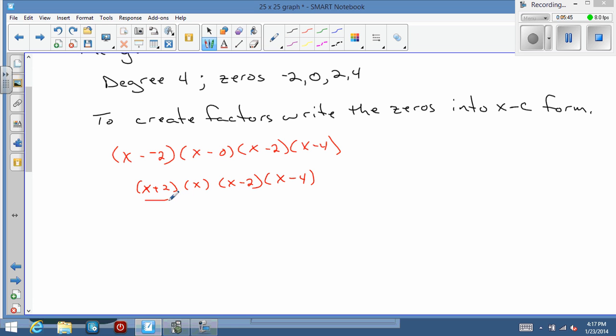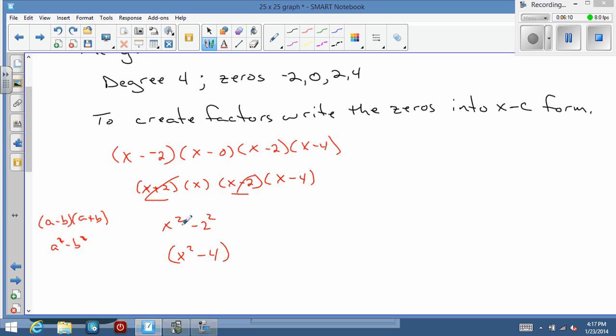But what I see here is I've got x plus 2 and x minus 2. And if I multiply a minus b times a plus b, my final answer is a squared minus b squared. That's a special product. So I have x squared and 2 squared. So x squared minus 2 squared is x squared minus 4.